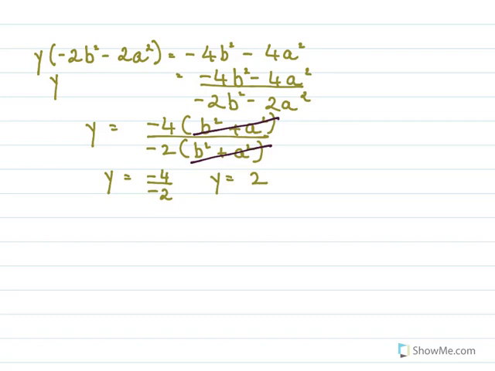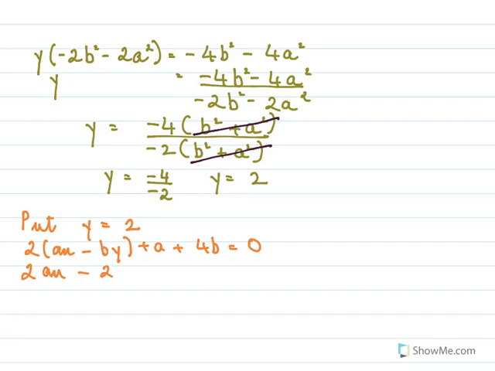Now to find the value of x, let me substitute the value of y equal to 2 in any one of the equations. I put y equal to 2 in, say we take the first equation. Our first equation was 2ax minus by plus a plus 4b equals 0. So wherever there is y, I will put 2.